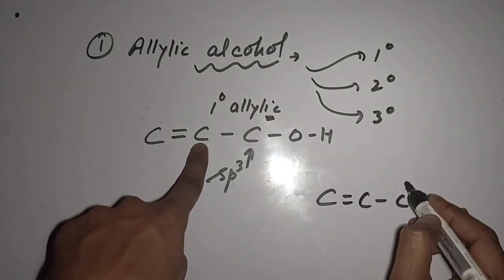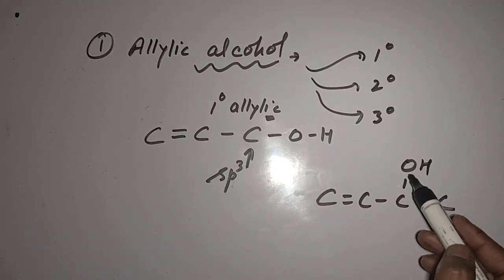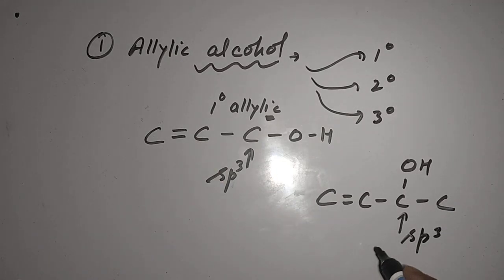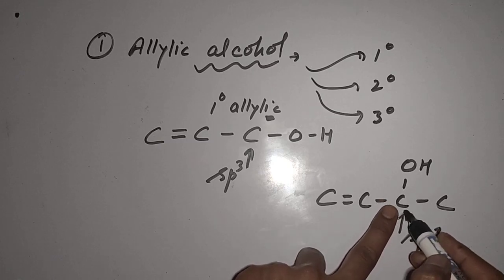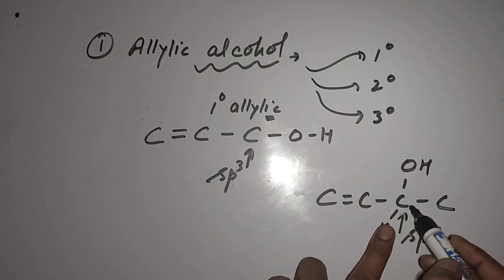If we have this condition, OH is connected to this carbon whose hybridization is sp3. Look, I am not drawing hydrogen, so please draw hydrogens by yourself. When you draw hydrogen here, you will automatically come to know the hybridization of this carbon is sp3.